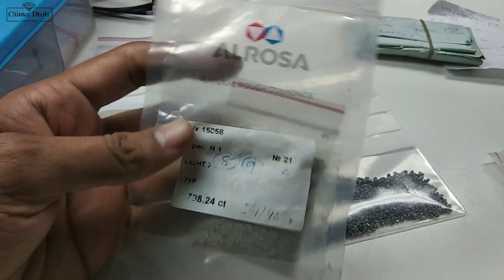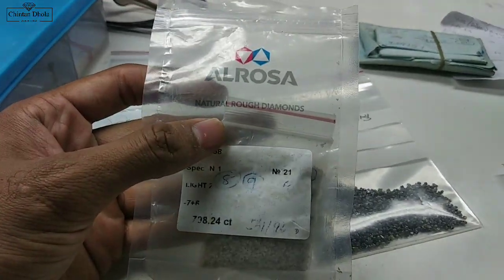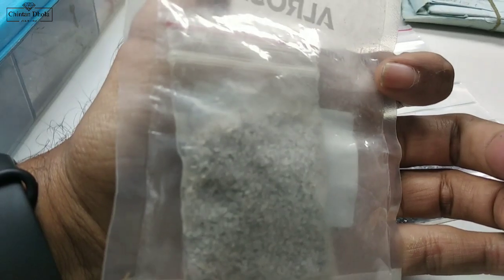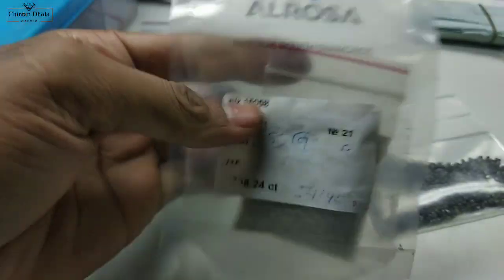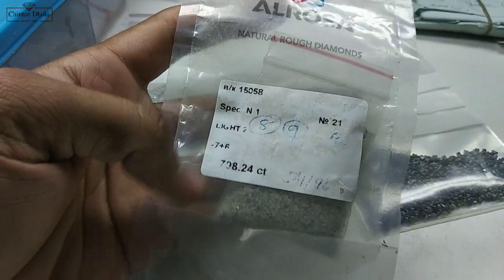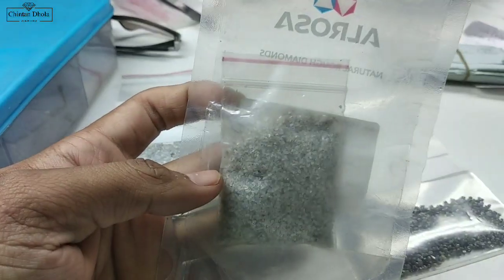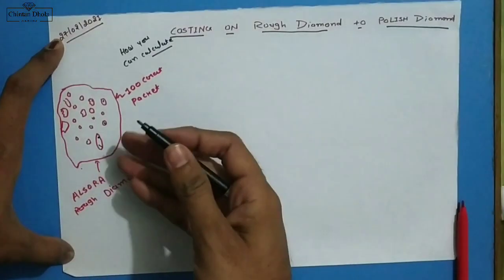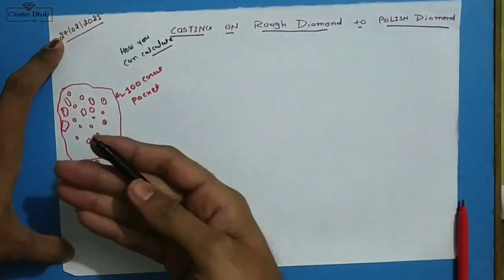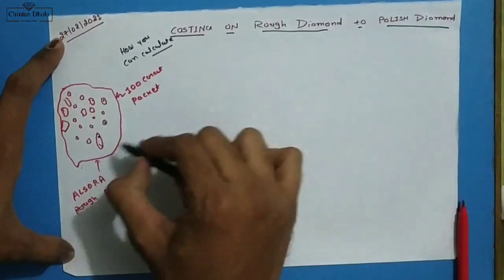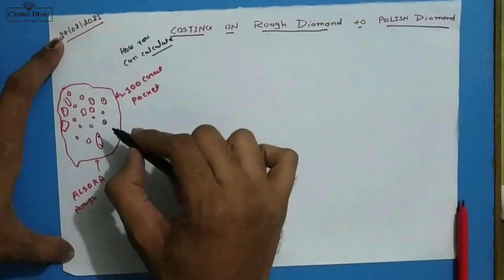This is a 100 carat packet, in which there are different types of impurity diamonds. You can see different types of impurities in this diamond, like some feather cracks, some pinpoint notches, and some other impurities included in these diamonds.